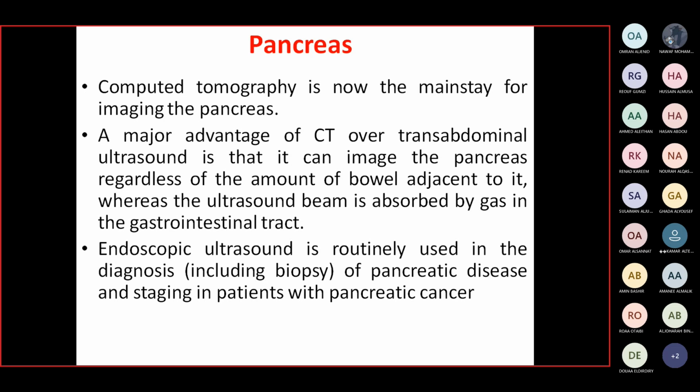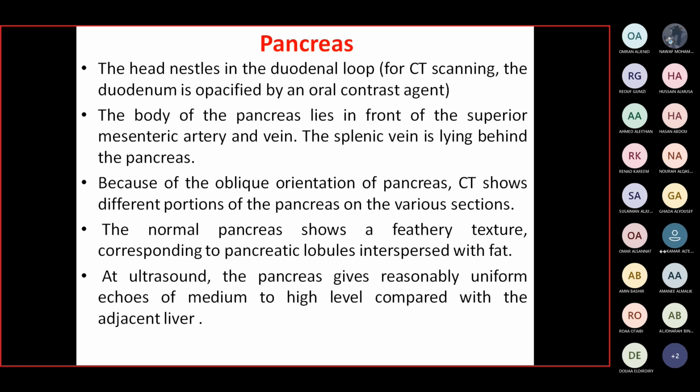I'm going to give you brief information about the anatomy, or imaging anatomy, of the pancreas. The head of the pancreas is seen in the duodenal loop. So for CT scanning, the duodenum is opacified by oral contrast. Why? If you are going to look at the pancreas, the density of the pancreas and the density of the bowel is almost similar.